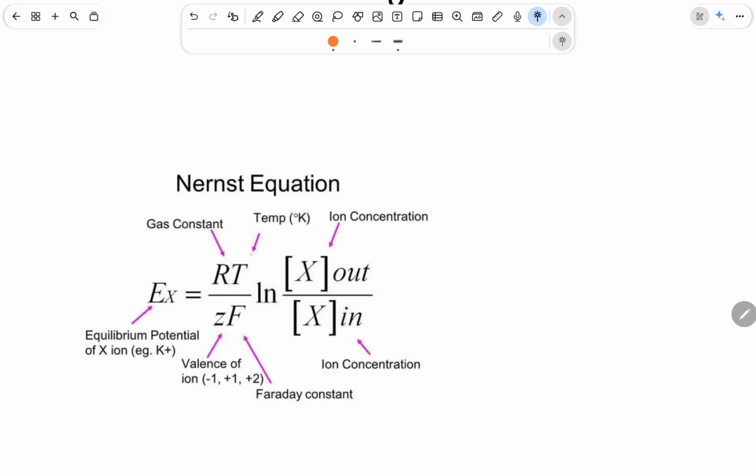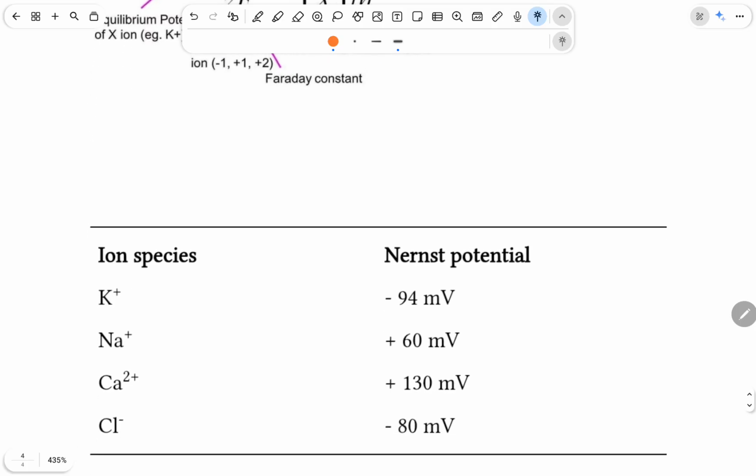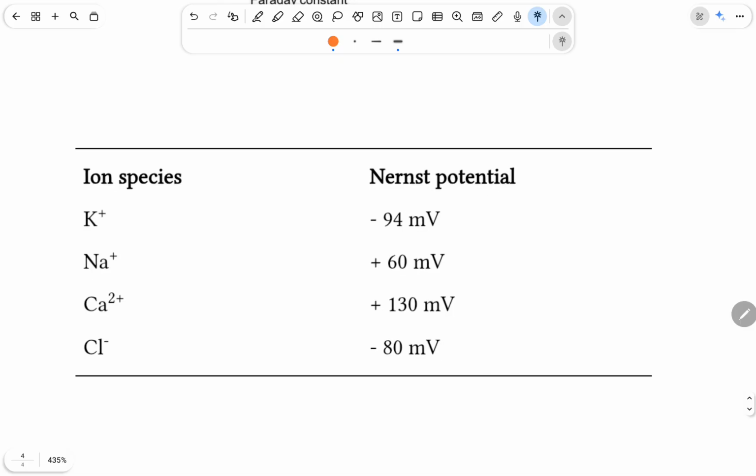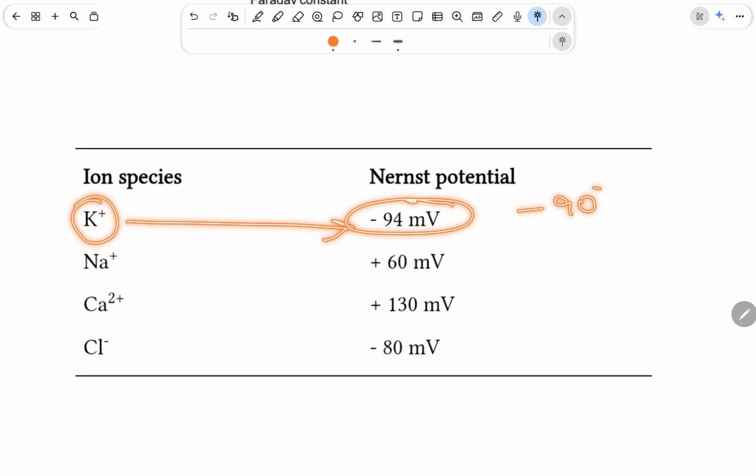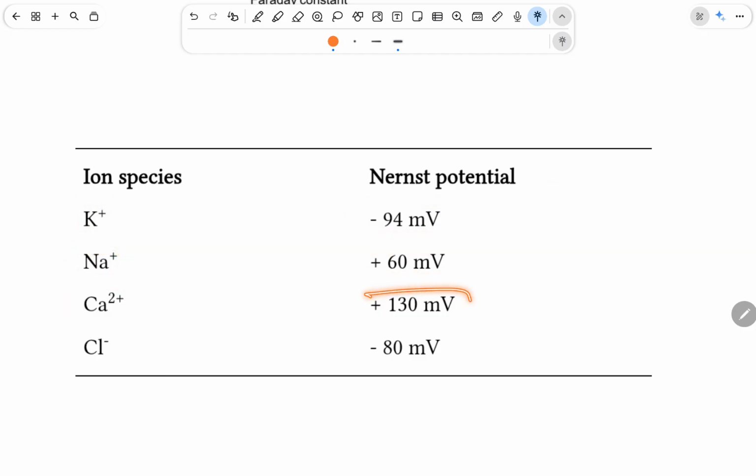R is the universal gas constant, T is the temperature, F is the Faraday constant, and Z is the valence of the ion. For example, if you calculate this, you get Nernst potential of potassium is around minus 94. We discussed minus 90, which is also fine. Sodium is plus 60 millivolts, and calcium is plus 130, whereas chloride is minus 80 millivolts.